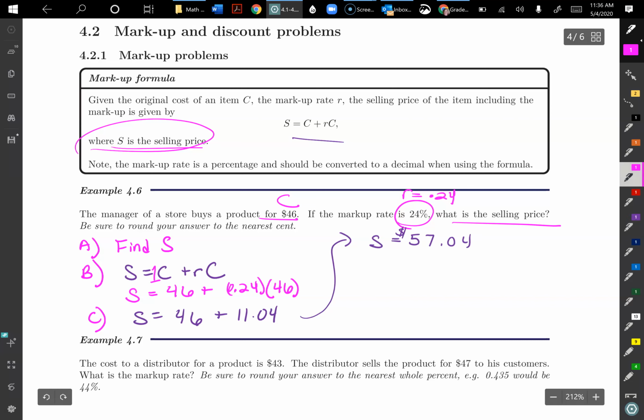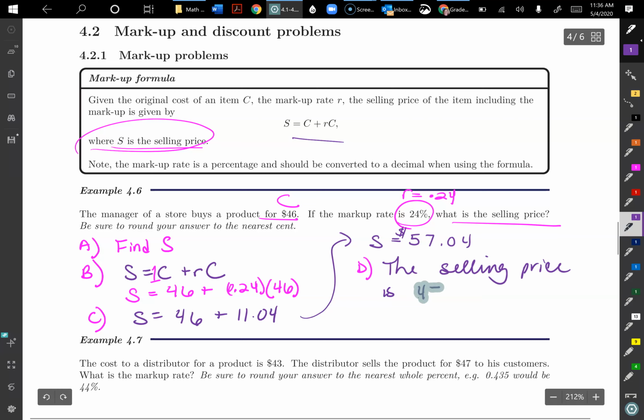And so for part D, we would write out what that actually is, and we would say the selling price is $57.04, and that's it.